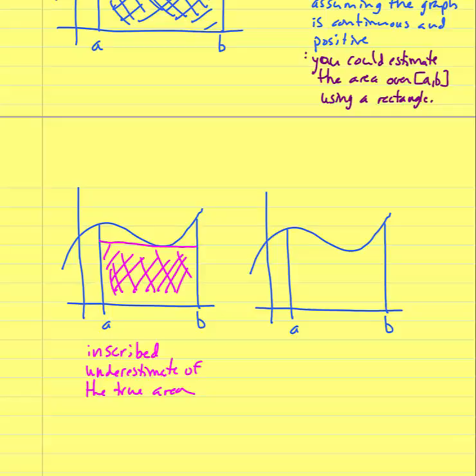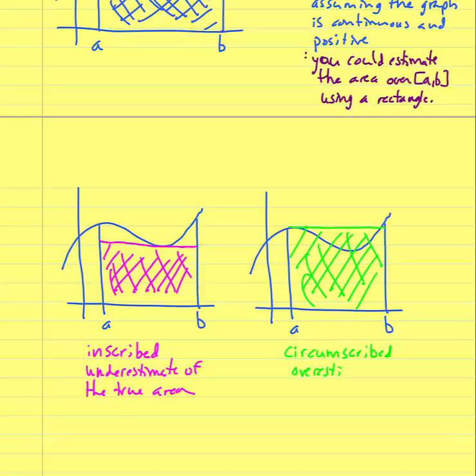Let's go ahead and look at our next rectangle. Now there's several different ways that a circumscribed rectangle can be drawn, but if we look at this graph, I can see that this is definitely going to be an overestimate, and this is called a circumscribed rectangle. And again, for this graph, it's an overestimate.